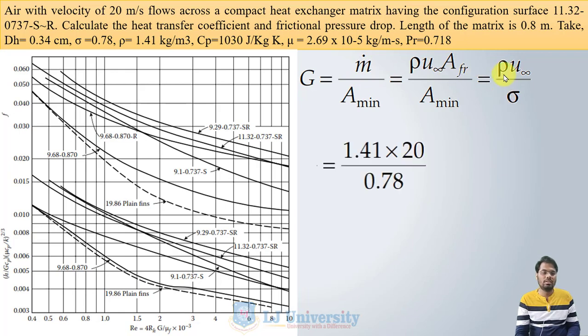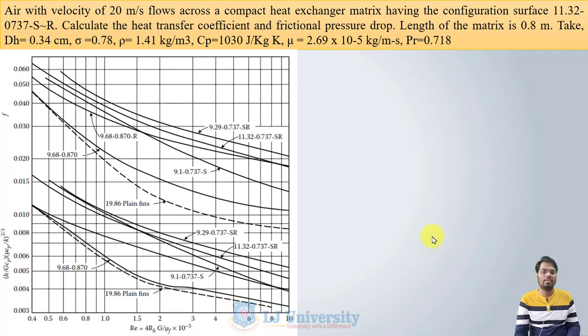In this equation, this is the value of rho which is given in the question, 1.41. The velocity is 20 meter per second, so u infinite is 20. The value of sigma, which is the ratio of A minimum to A frontal, is 0.78. From that we will get the value of G, 36.15 kg per meter square second.